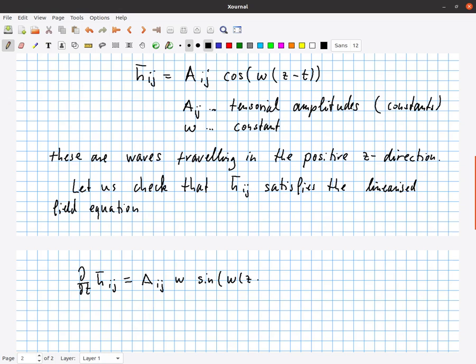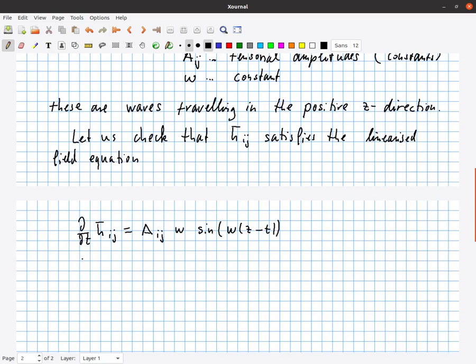omega z minus t. If we differentiate with respect to time once more, A ij, we get another omega out and another minus sign.